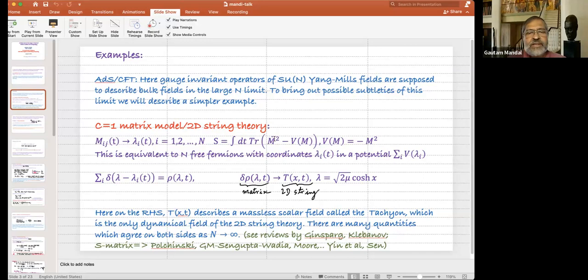So here it's only time, and the action looks like this: the trace of M dot squared minus V of M. And in the particular case of the c equal to 1 matrix model, V of M is taken to be minus M squared, with a suitable cutoff which makes sense of such a potential.